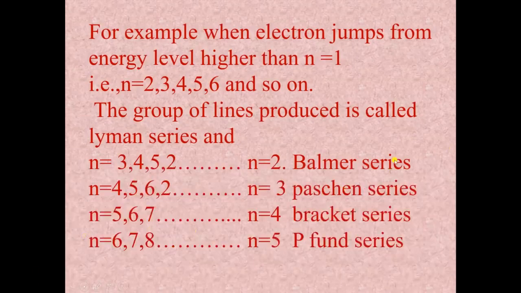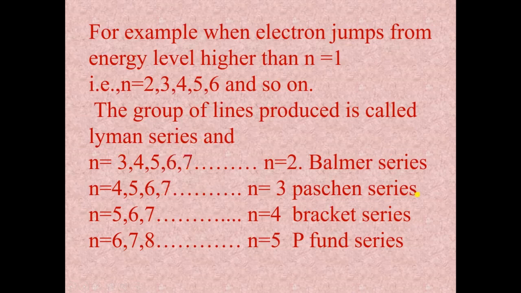Now for the Balmer series, the ground state orbit is n is equal to 2, and the excited state can be 3, 4, 5 and 6. For the Paschen series, the ground state orbit is n is equal to 3 and the excited state orbit can be 4, 5, 6, 7 and so on.